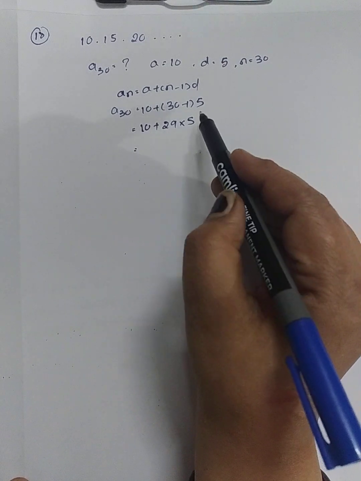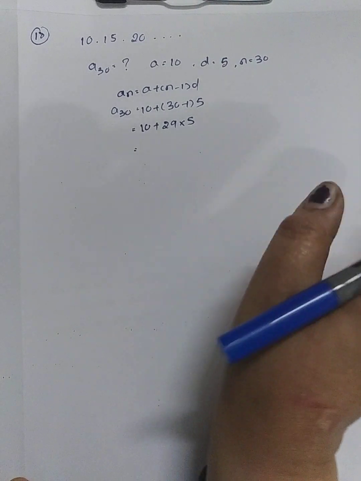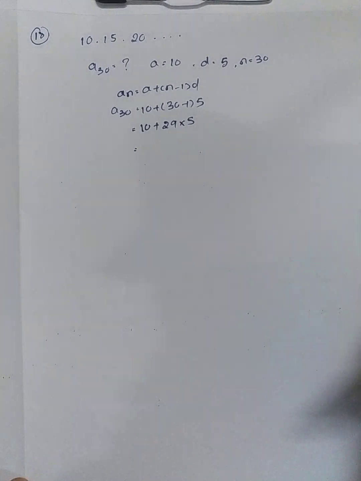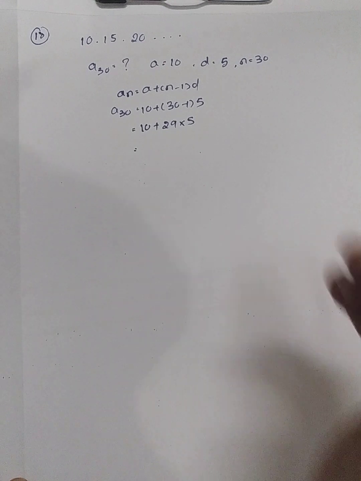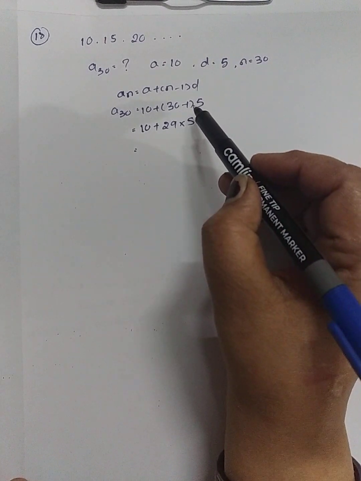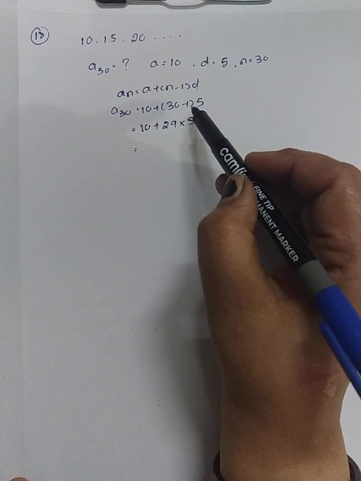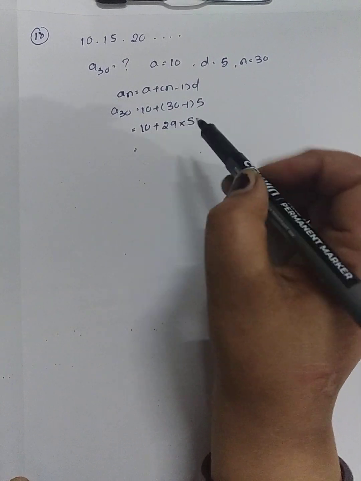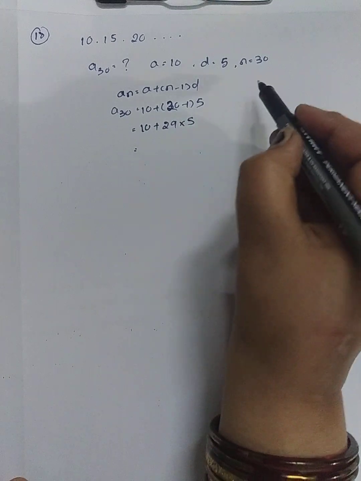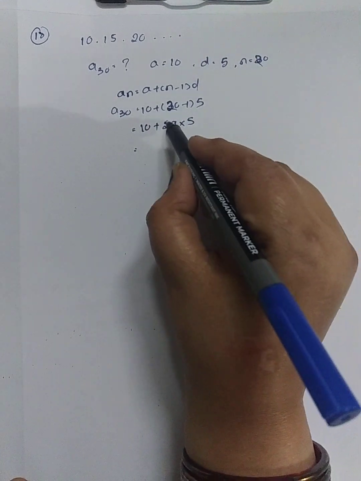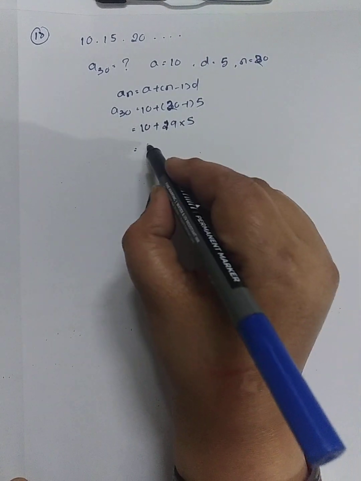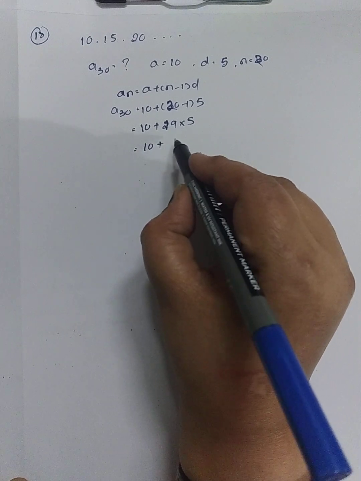Here I made a mistake. I took n as 20 and calculated 10 plus 19 into 5, that is 10 plus 95, which is 105.